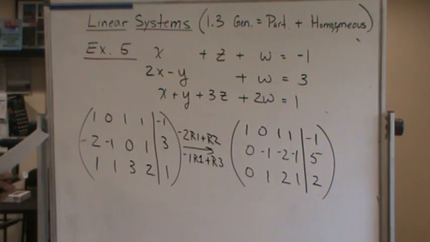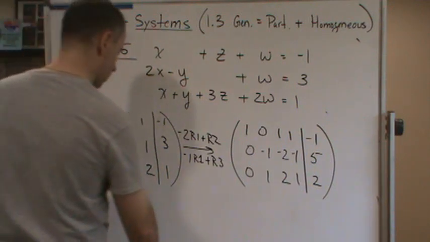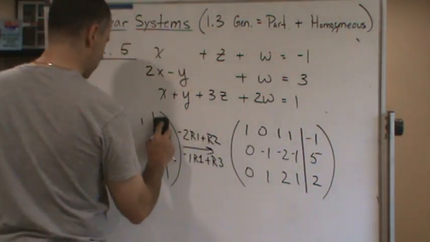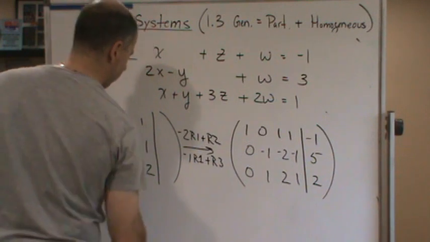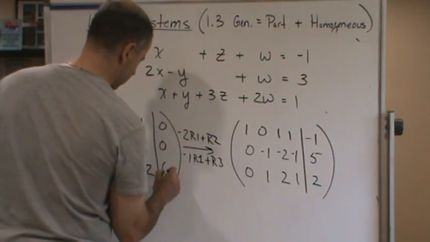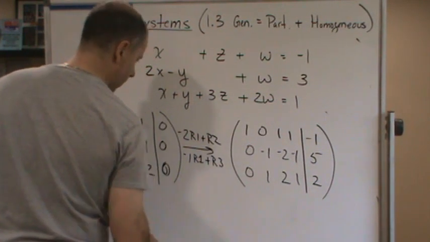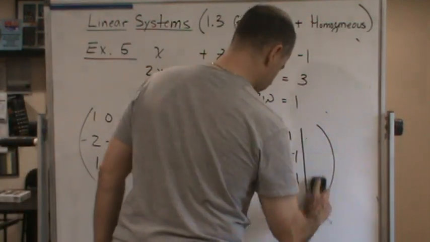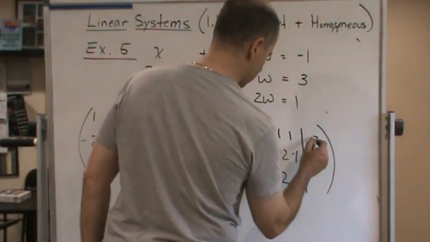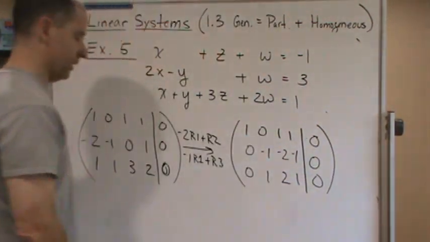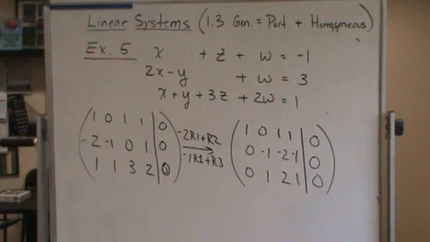And so we're getting the fact that this has no solution, right? But let's do the associated homogeneous system. Okay, let's look at the associated homogeneous solution.